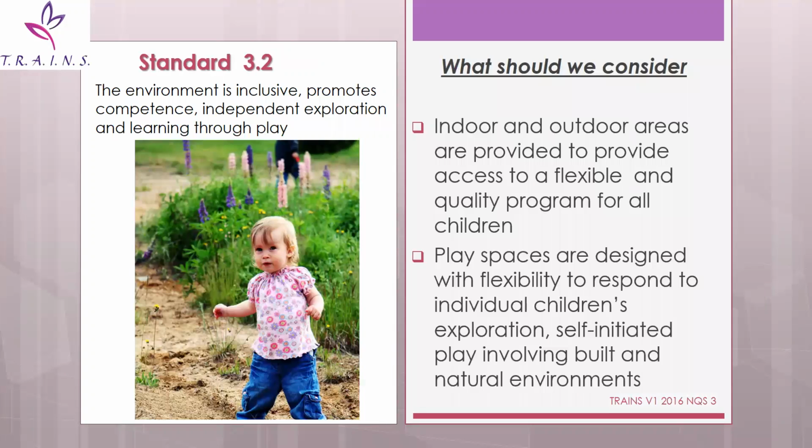We need to consider play spaces that are designed and flexible, okay, and that are responding to the individual needs for children to explore, to discover, that they are initiating their own play at times and perhaps guiding their play in both built and natural environments.